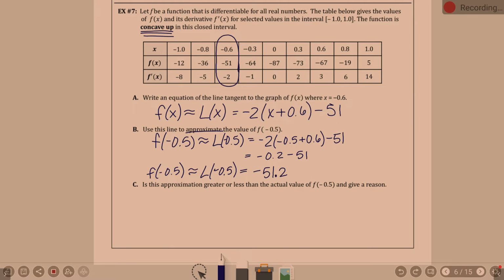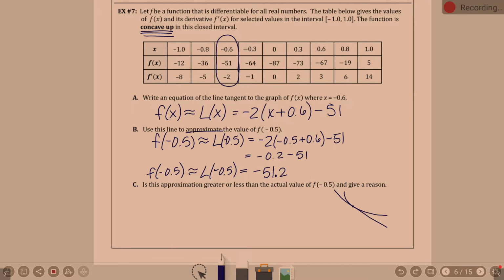Does that make sense? You visualize a concave up graph, right? Any tangent line is going to be below it. Those y values on the tangent line are going to be below the actual values. So this is what you would call an underestimate.